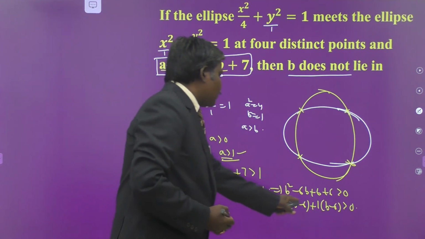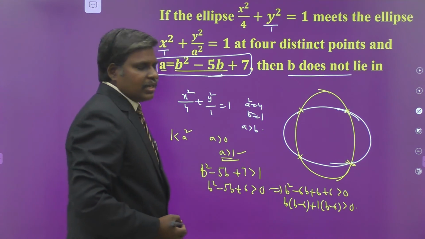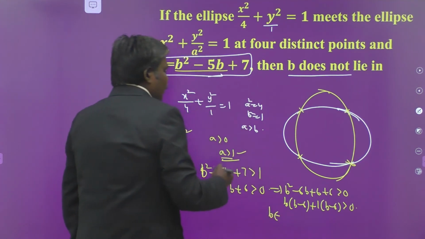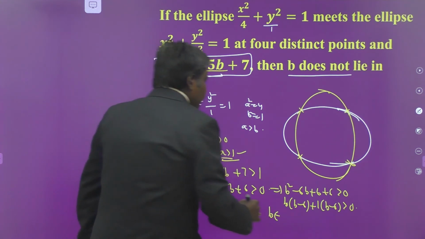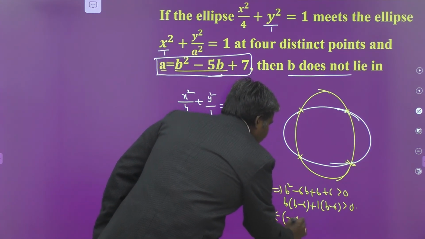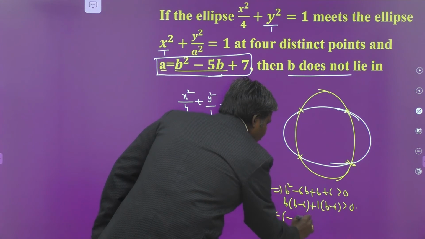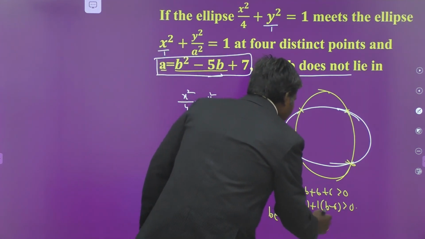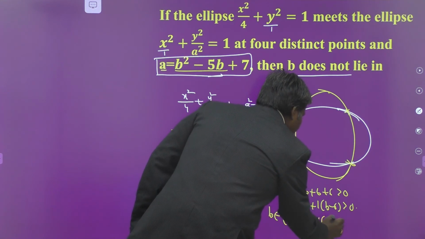That means b plus 1 into b minus 6 should be greater than 0. So b belongs to what? First of all, what are the roots? Minus 1 and 6. b belongs to minus infinity to minus 1 union 6 to infinity.